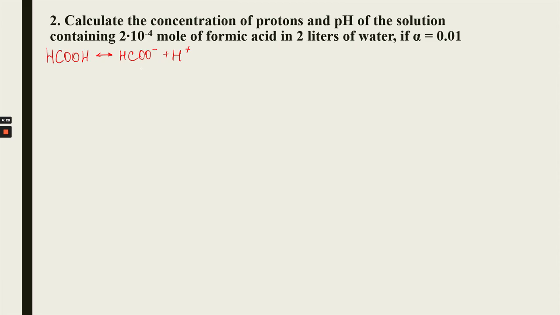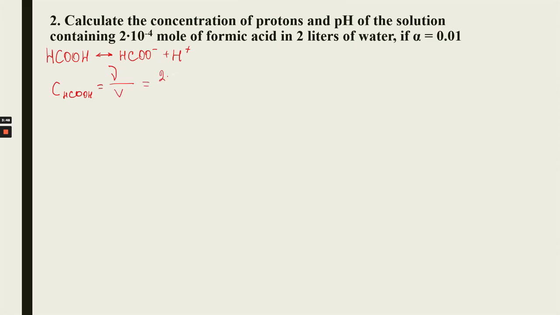So let's read the question again. We have to find concentration of protons and pH, and the concentration of formic acid is not given, but we have number of moles of formic acid and volume of solution. So let's find the concentration of formic acid. We will divide number of moles by volume.